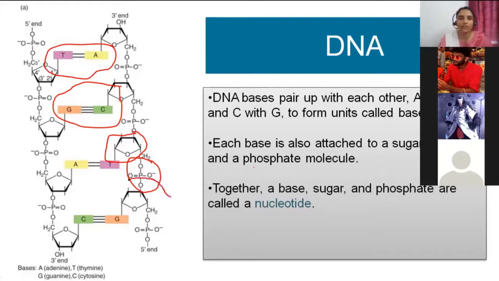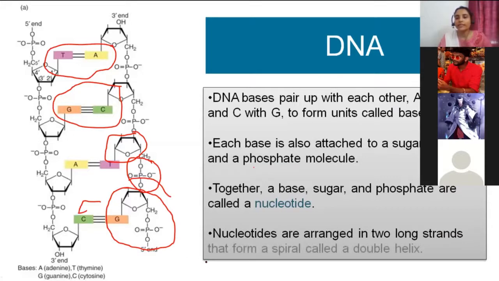So you have your base, C and G, with one base, one phosphate group, and one sugar molecule. This one unit is called a nucleotide. This is your nitrogenous base, this is your sugar molecule, and this is your phosphate group.